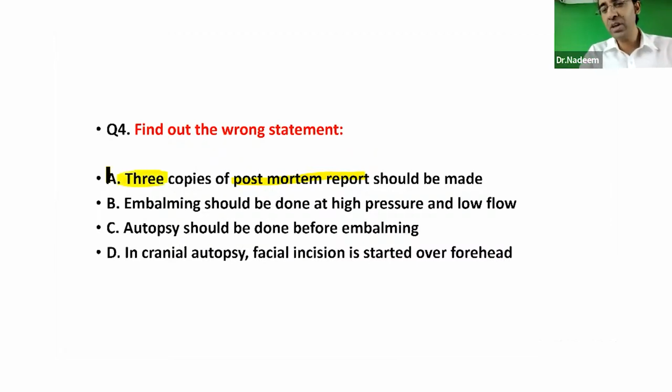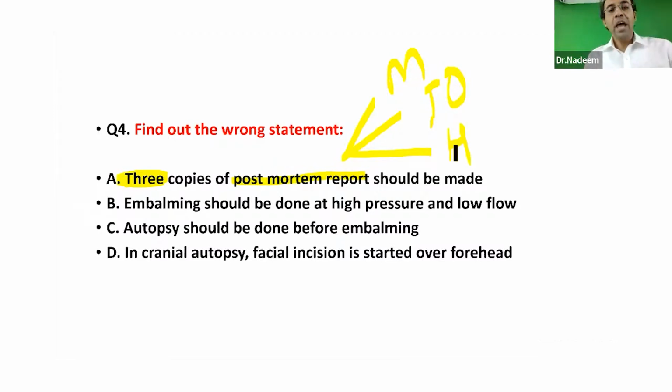You have to make up to 3 copies. One copy should be given to the magistrate. One copy should be given to the investigating officer, the police who is doing the inquiry in the post-mortem examination. The last copy should be kept in the hospital.